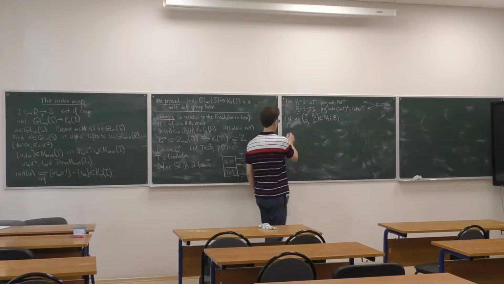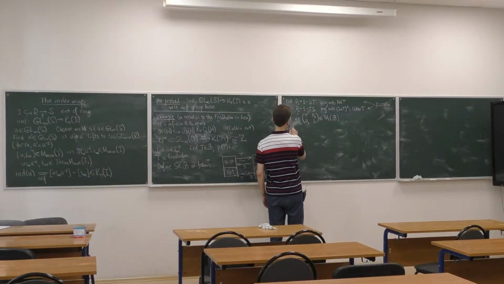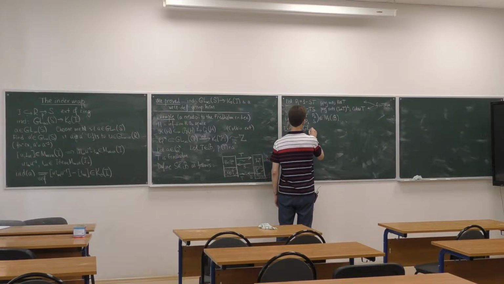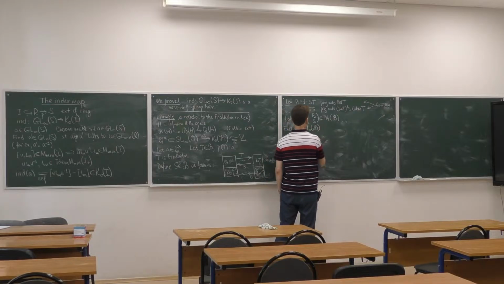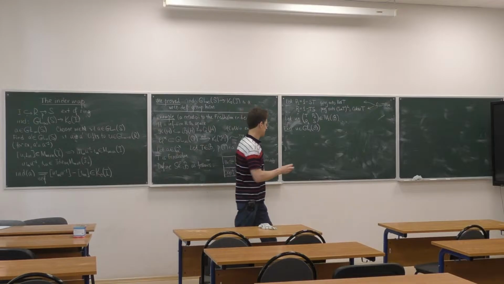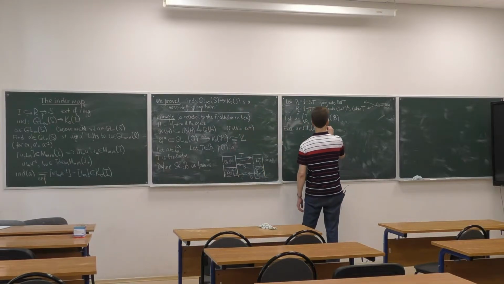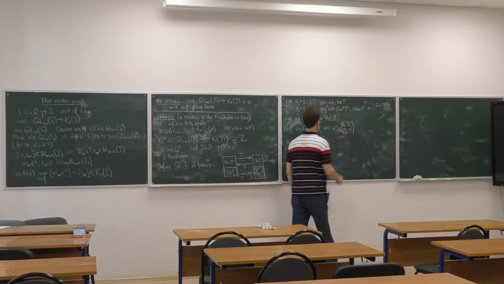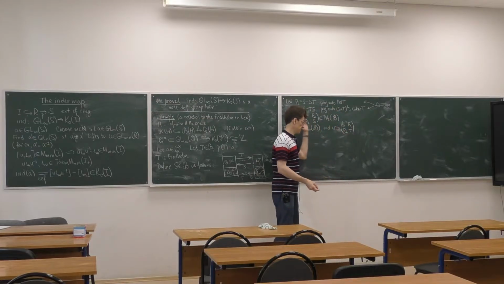And it's a simple calculation to show that U is actually invertible. U is invertible, and its inverse is given by the following formula: S, P2, P1, T. Just multiply these matrices and you get the identity matrix.